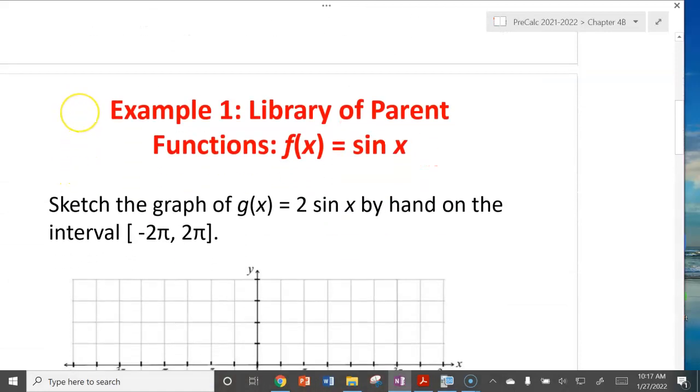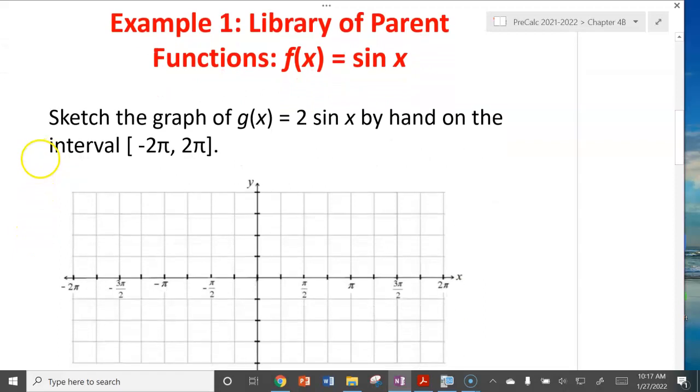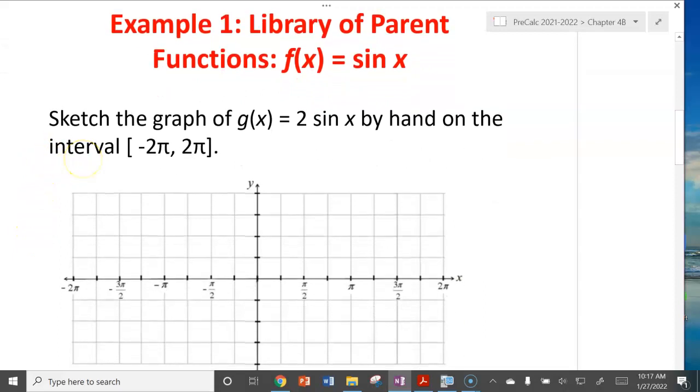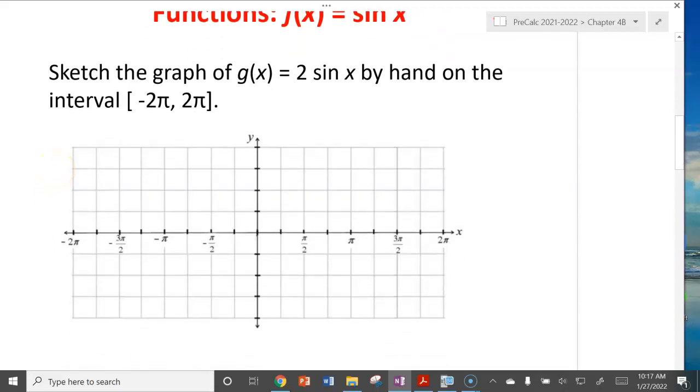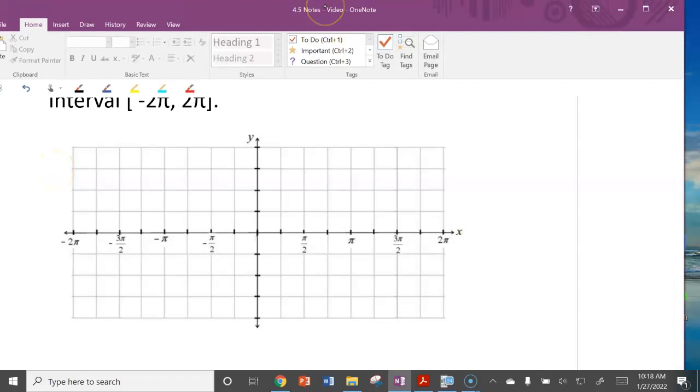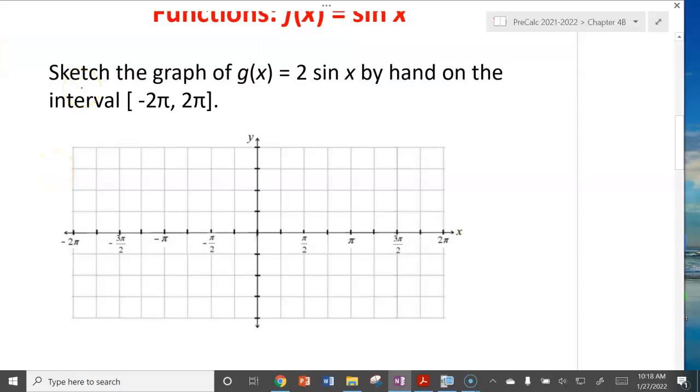So with that in mind, let's start learning about our basic sine function. We're going to do the sine function first in this example, and then in our next example, we'll look at the cosine. So first of all, to do a graph by hand, what I need is an XY table.